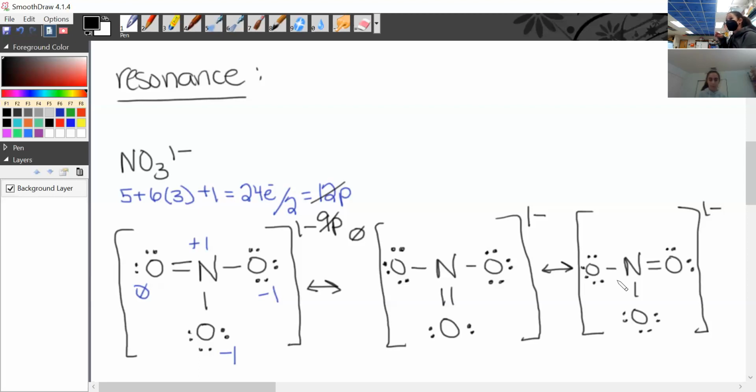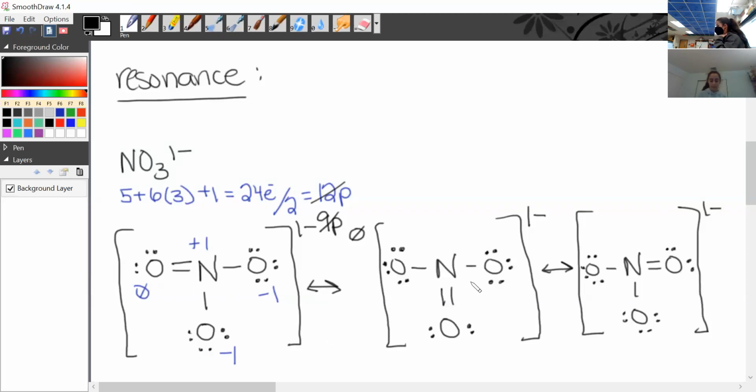And they're all the exact same length, which makes us think this double bond is not in one place, it's in all 3 places. It is spread out over all 3 locations, right? So 1 bond divided by 3 locations gives you like a bond and a third. So not a single, not a double, a bond and a third.